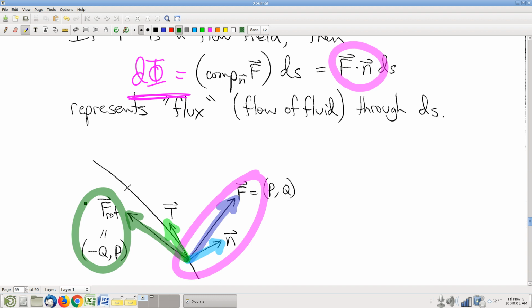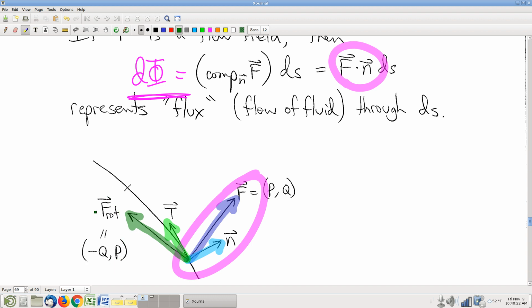Dot product is 0 with PQ. So that's what you get when you rotate. Now, the only question you have to think through is, is it negative Q comma P, or is it Q comma negative P? It could be either one by that reasoning. And to go counterclockwise, minus signs on the left, you can draw some pictures and think it through. I think that's pretty believable.